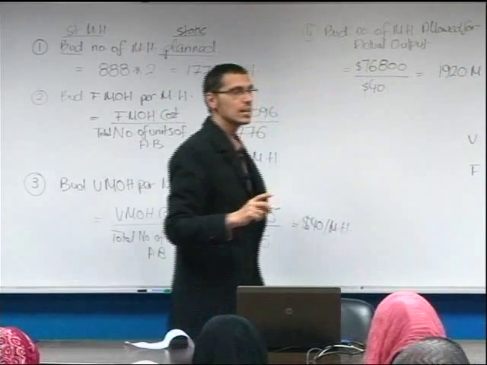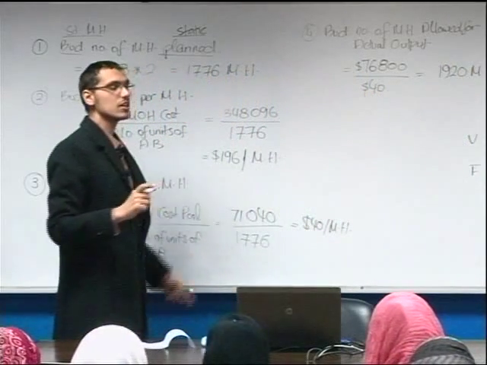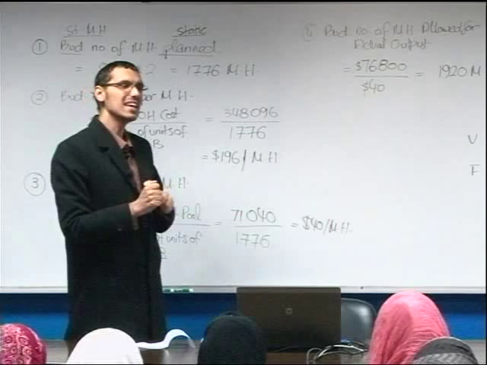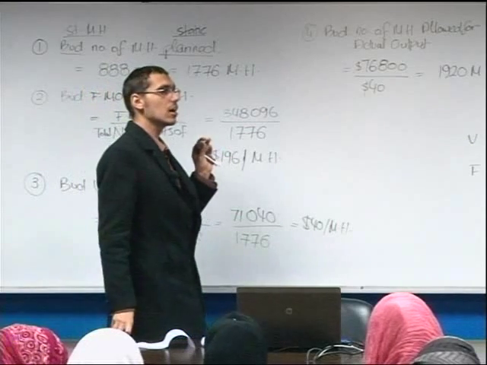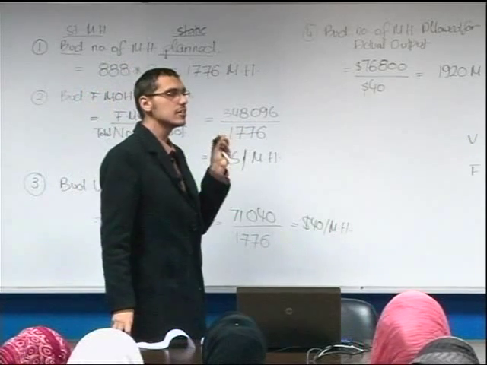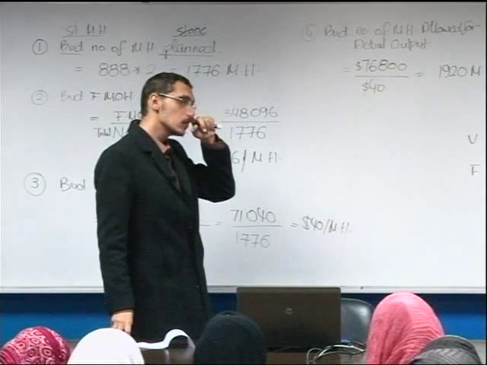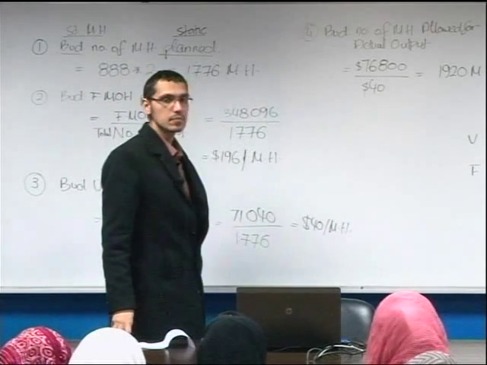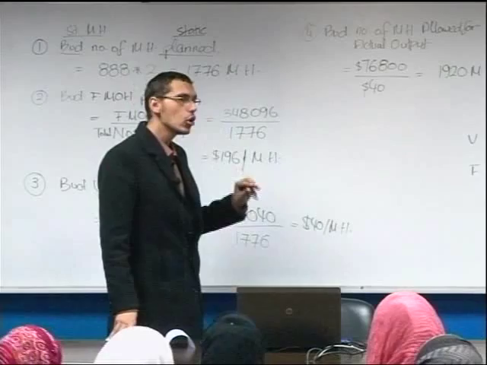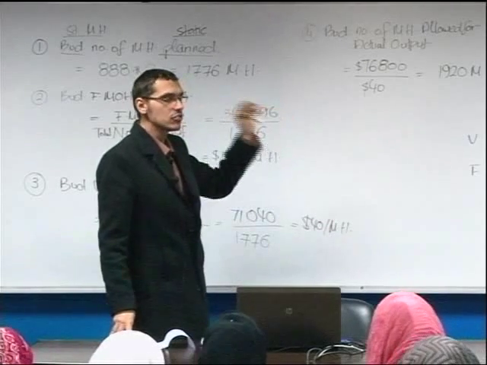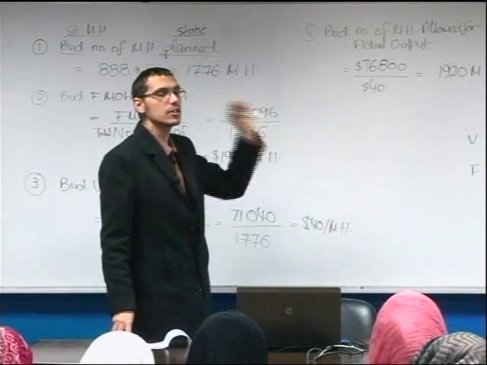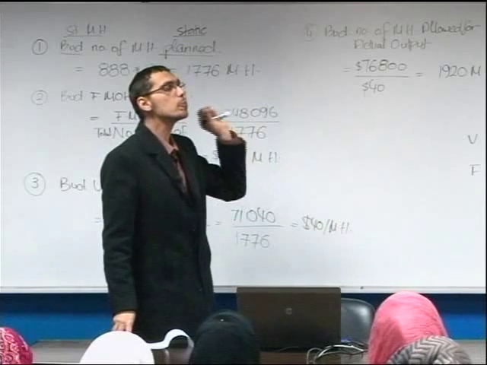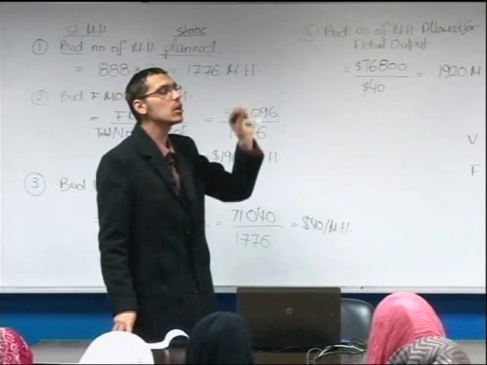Therefore, I need to ask, would the 1,920 be according to the standard or according to the actual number of machine hours? According to our standard. Therefore, the 1,920 are standard machine hours to produce the actual number of units.